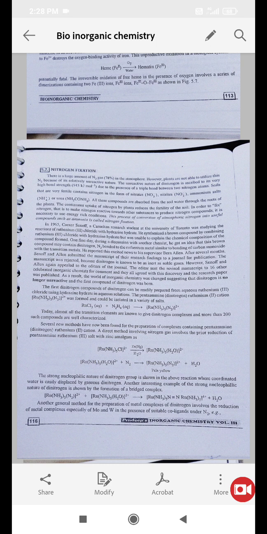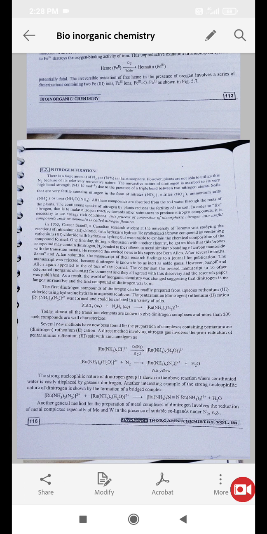Several new methods have now been found for the preparation of complexes containing the pentaammine ruthenium cation, a direct method involving nitrogen gas involved prior reduction of pentaammine ruthenium salt with zinc, as given in the reaction.